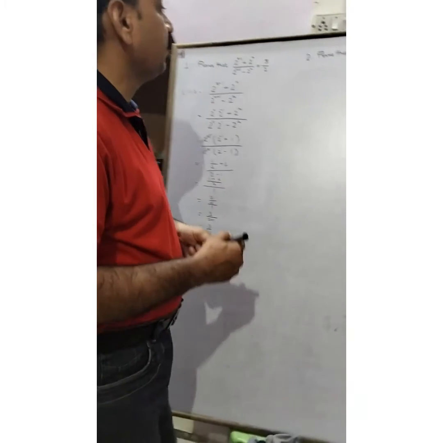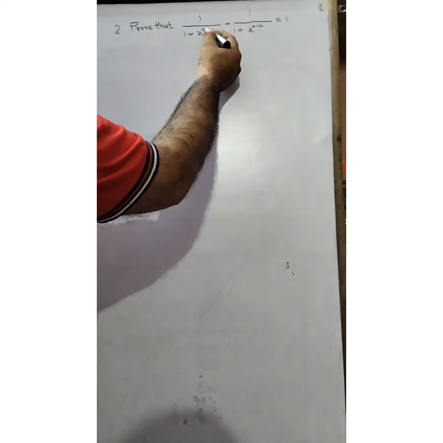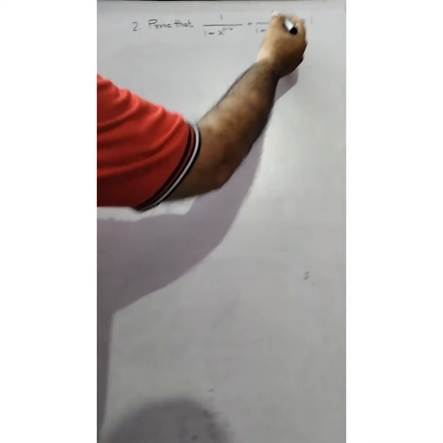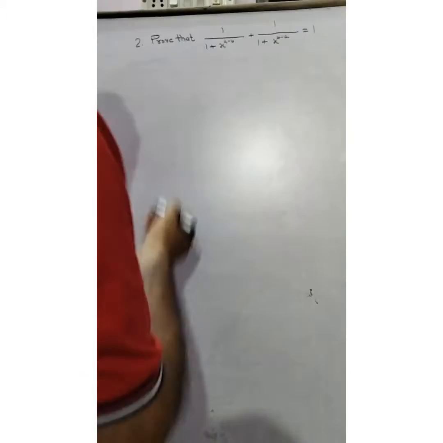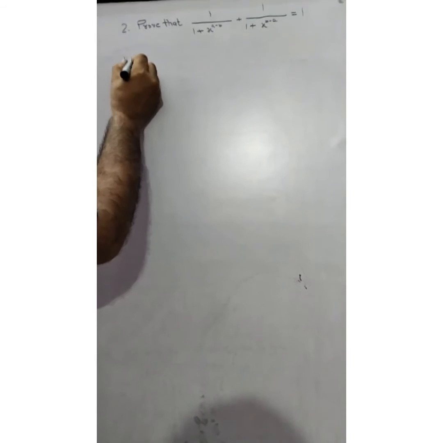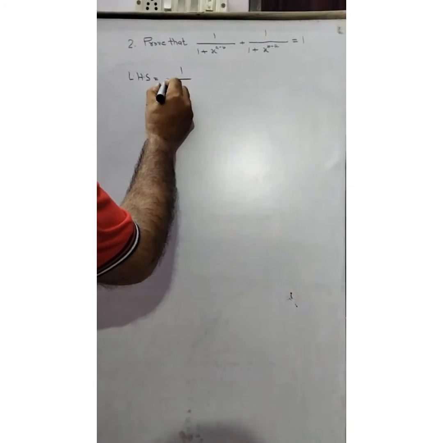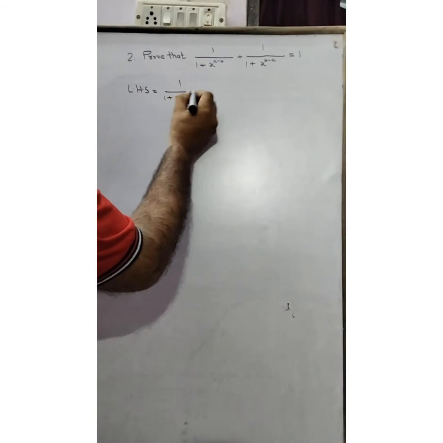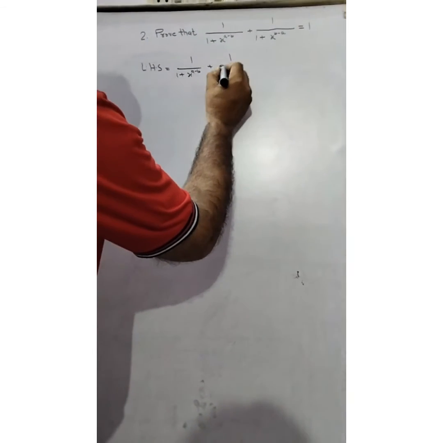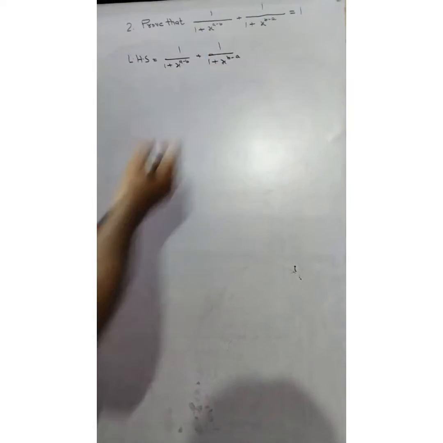Second question. Prove that 1 upon 1 plus x^(a-b) plus 1 upon 1 plus x^(b-a) is equal to 1. Now taking the LHS, 1 upon 1 plus x^(a-b) plus 1 upon 1 plus x^(b-a).